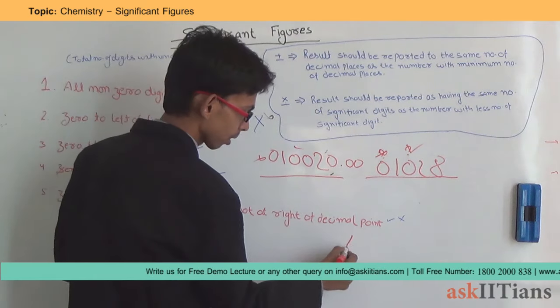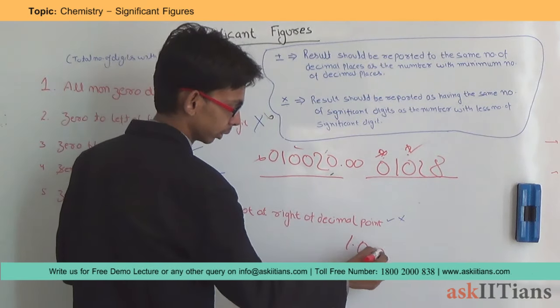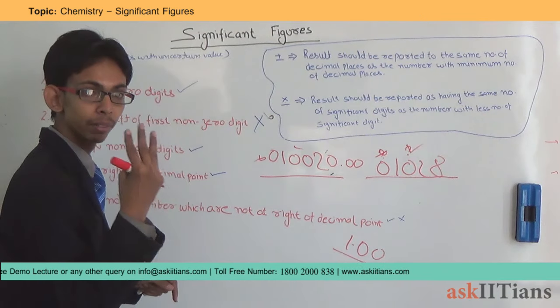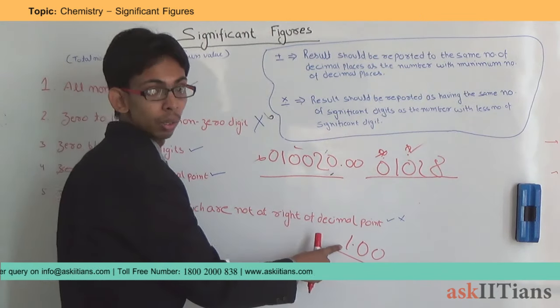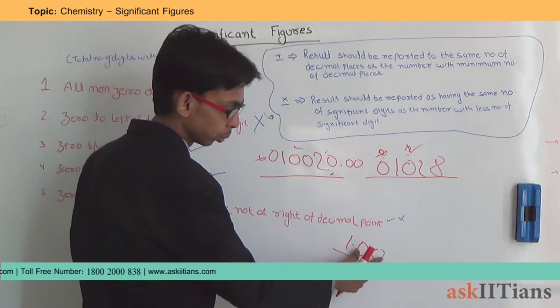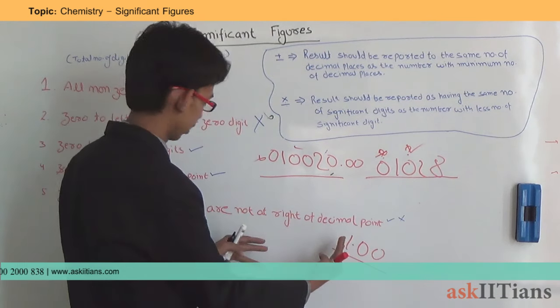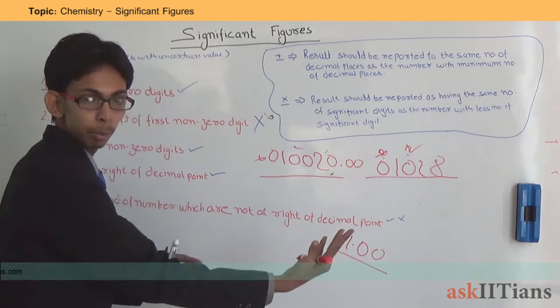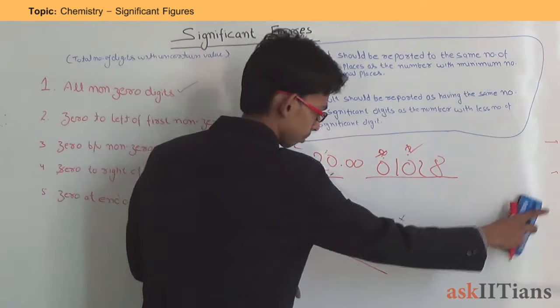That means 1.00 has three significant digits. One is 1 and the two zeros which are on the right of the decimal point will be significant.